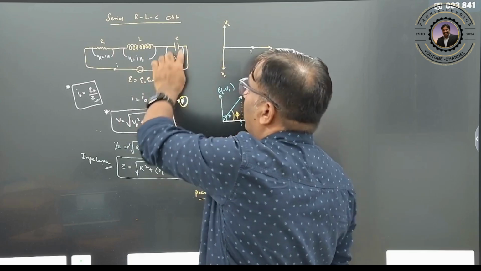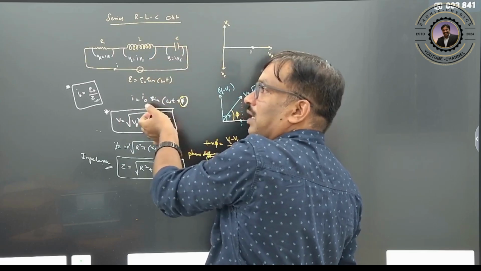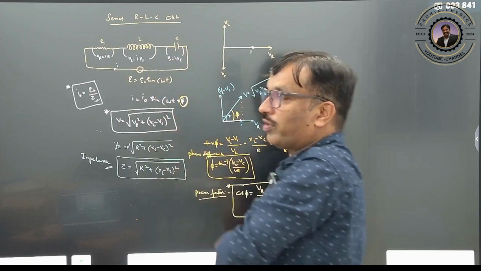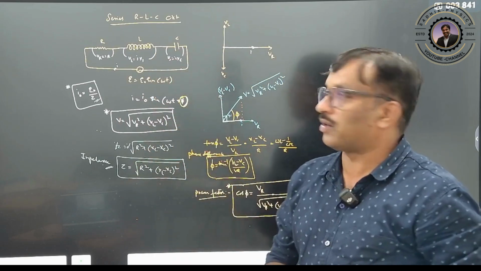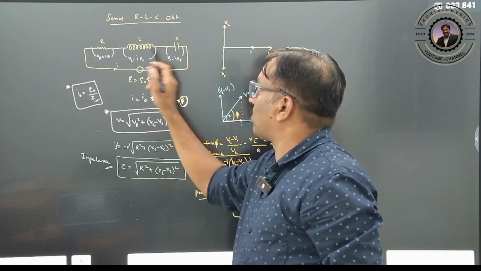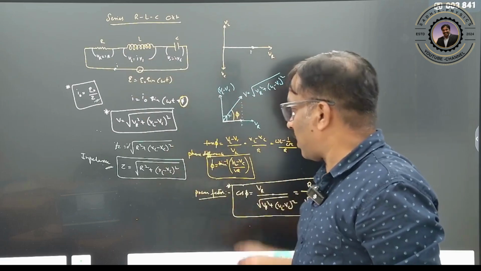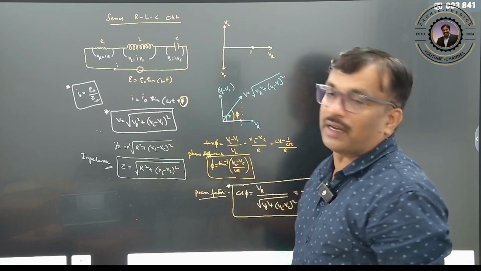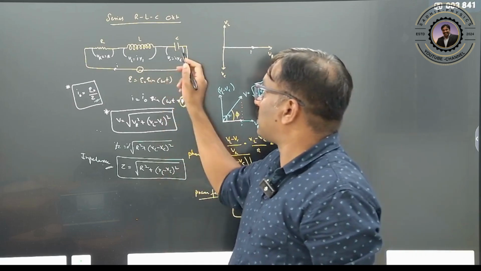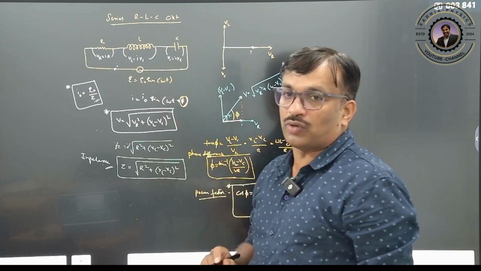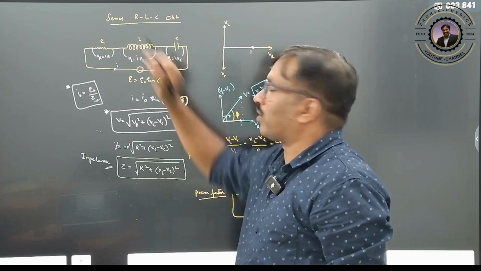Where C is not there, XC and VC are not there, you remove it, and the remaining is your answer. If you want an RC circuit, you remove the L part and continue the same way. For an LC circuit, you can also remove R.